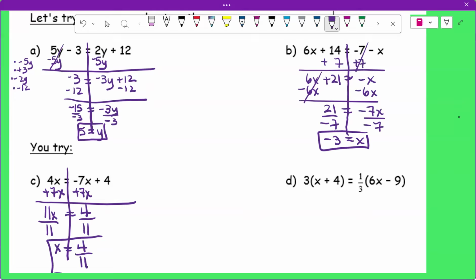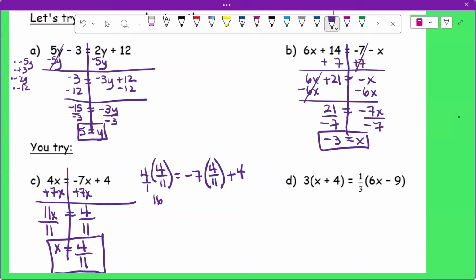Now this is a perfectly lovely solution, 4/11. It's a fraction, it's rational, great. Don't worry if you get a fraction as an answer. You just might want to check it. So let's check it. 4 times 4/11 equals -7 times 4/11 plus 4. Well, this is 4 over 1.